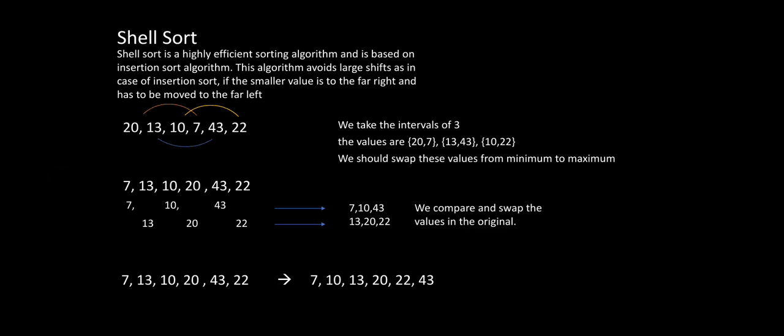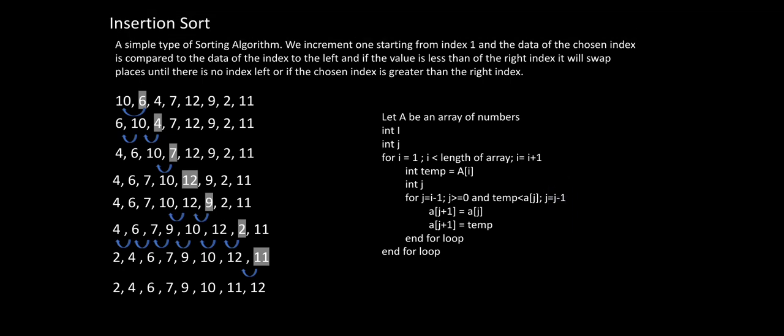I already tackled insertion sort. The process is getting an index and moving it to the left side if it is less than the value of that of the left side.